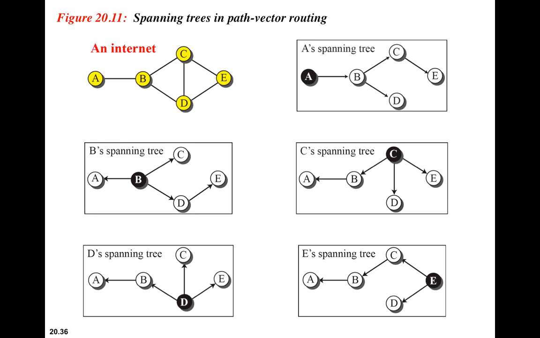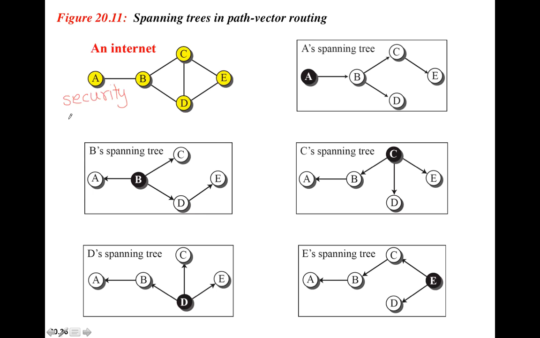In path vector, we could even have multiple spanning trees at a node based on different policies. Okay, so we could have one policy for security at A, let's say, okay? And for that, let's say this is the spanning tree.